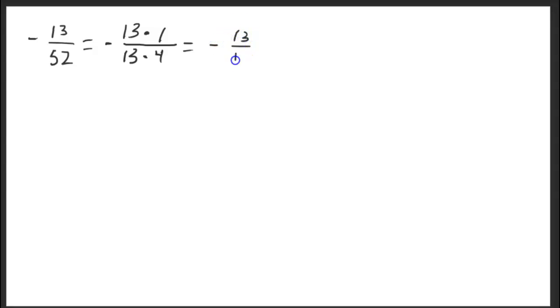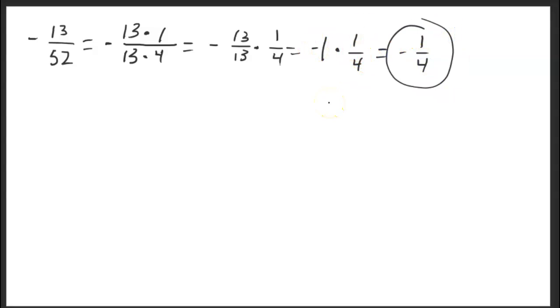I have 13 over 13 times 1 over 4. And obviously you're not going to write all this out, but this is just so you can see what is happening. The 13 over 13 becomes a 1. So now you have negative 1 times 1/4, which is negative 1/4. So negative 13 over 52 simplifies or reduces to negative 1/4.